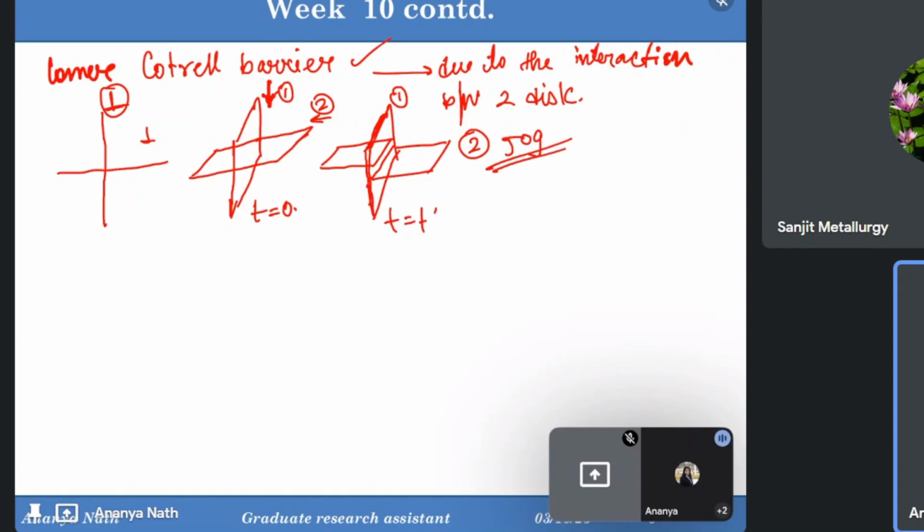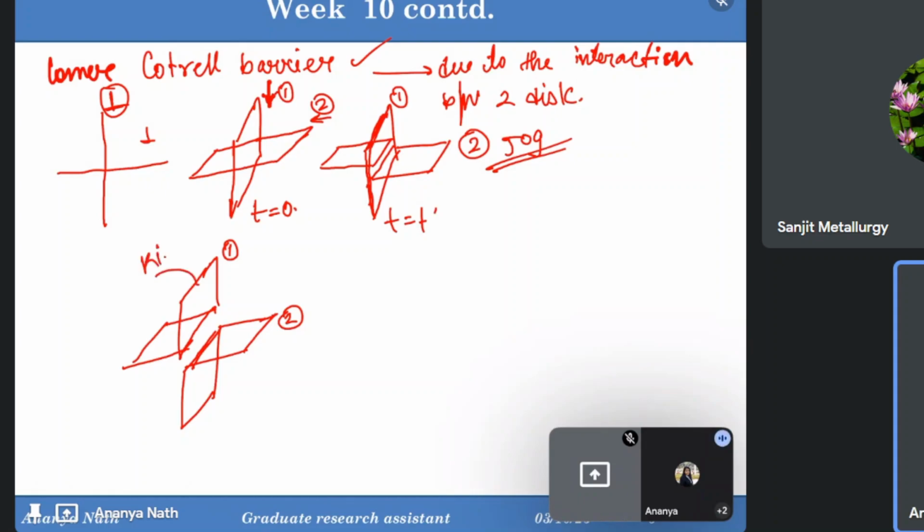Another one, let me draw first, then I'll tell you. In another one, this one is also getting broken down into two pieces, then it will be called a kink.